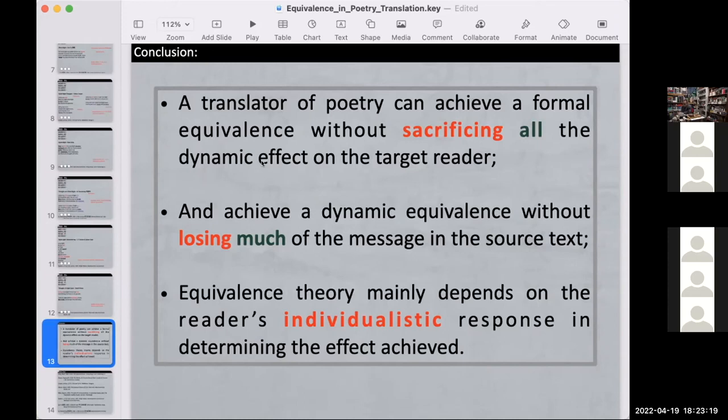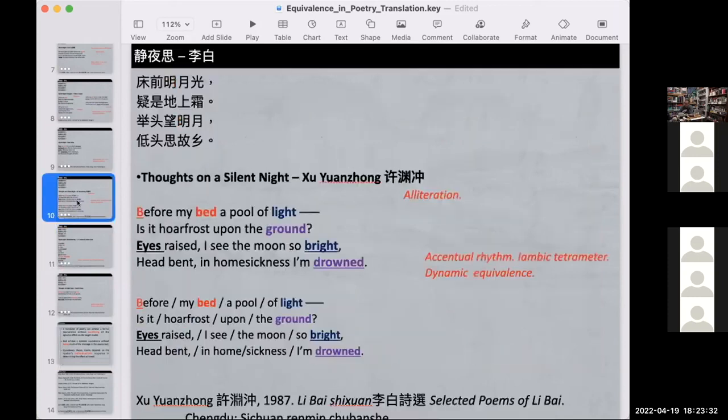Equivalence theory mainly depends on the reader's individual response in determining the effect achieved. It depends on you and how you will like it. Like the example I gave here, I said this translation by Xu Yuanchong is perfect in terms of rhythm, but in terms of language, is it perfect?